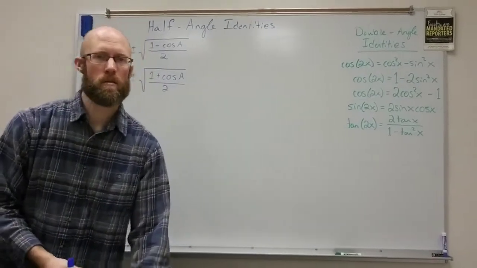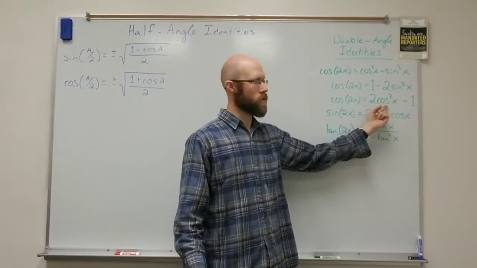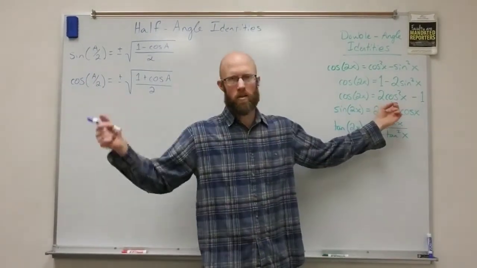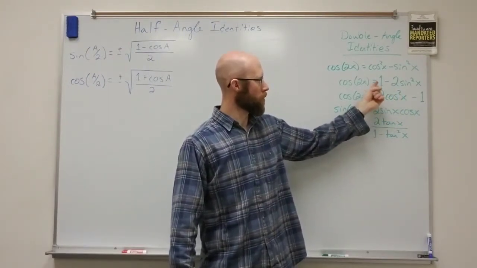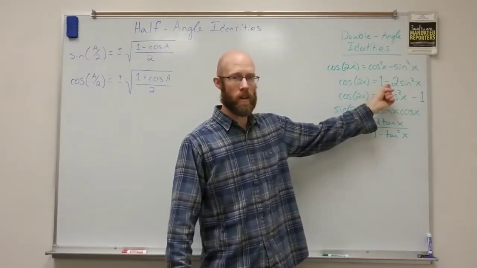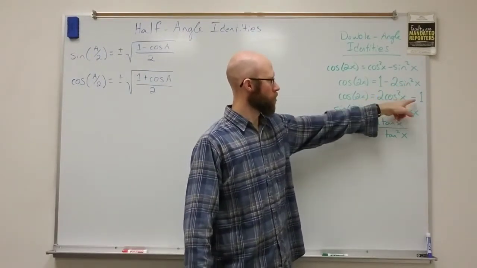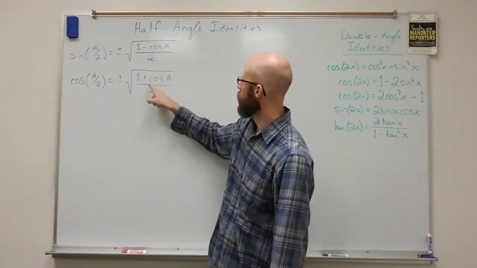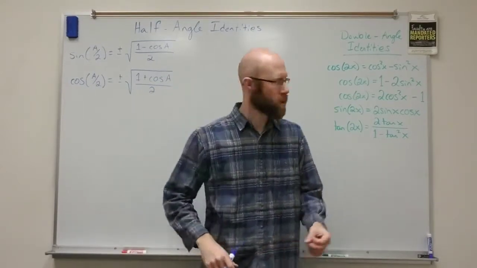Which kind of makes sense because in this formula, what's different from the first formula? Well, the sine versus the cosine, right? Here the signs are different. Here the 1 is positive and the cosine is negative. Here the 1 is negative and the cosine is positive.